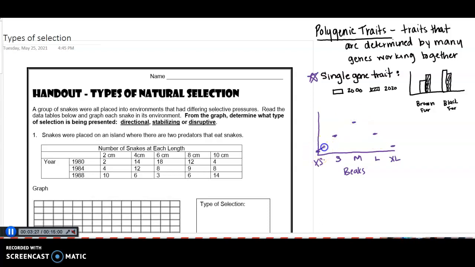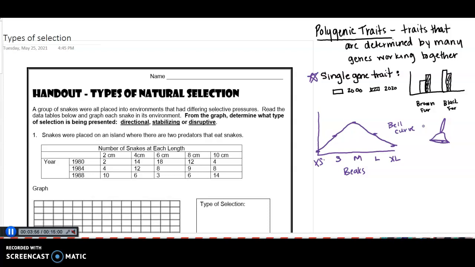And so when we connect this, you're going to end up with what we call a bell curve. If I took my curve that I just made, boom, made it into a little bell, right? So this is called a bell curve.